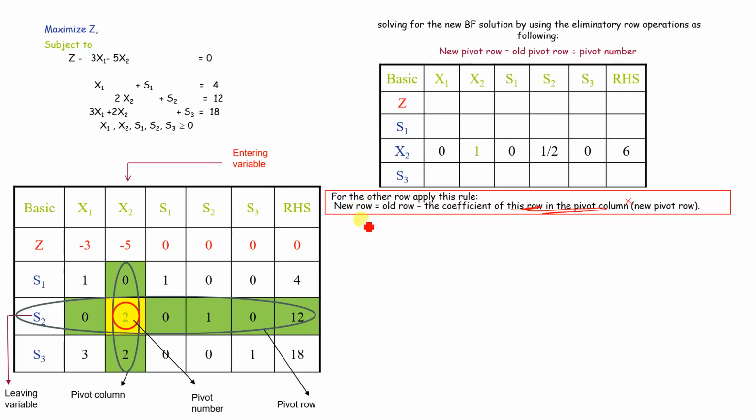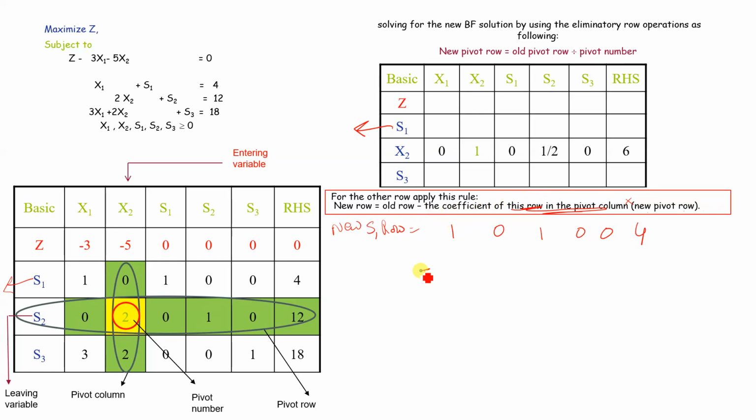First of all, let's find the new S1 row. Let's follow the directions. Old row, that is the old S1 row. Let me write that: 1, 0, 1, 0, 0, 4. This is the old S1 row.